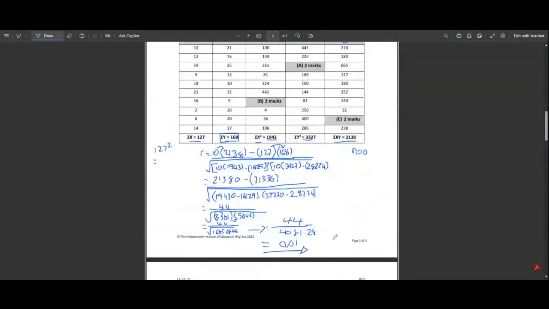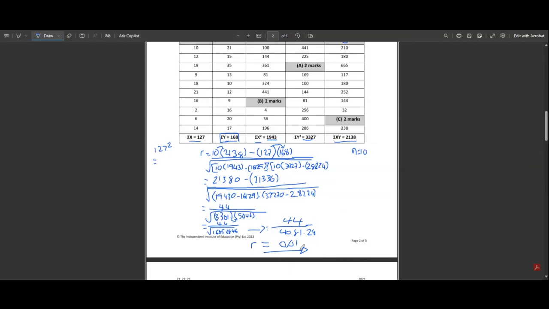And just for the sake of education, shall we explain what does this mean? We have an R value of 0.01. What type of correlation is this? Positive, but very weak. Barely there.